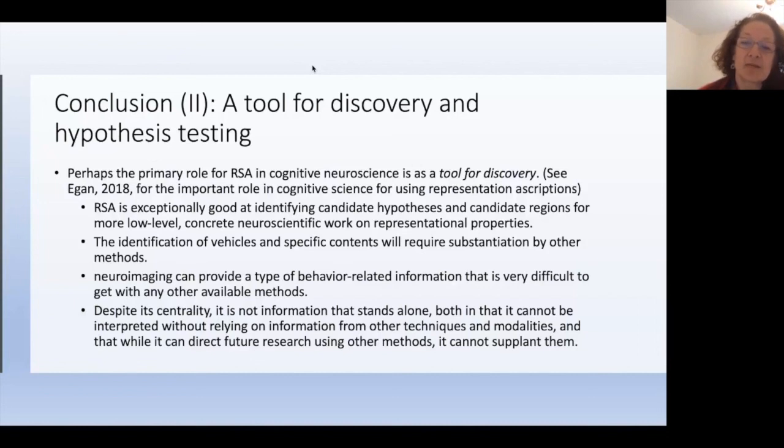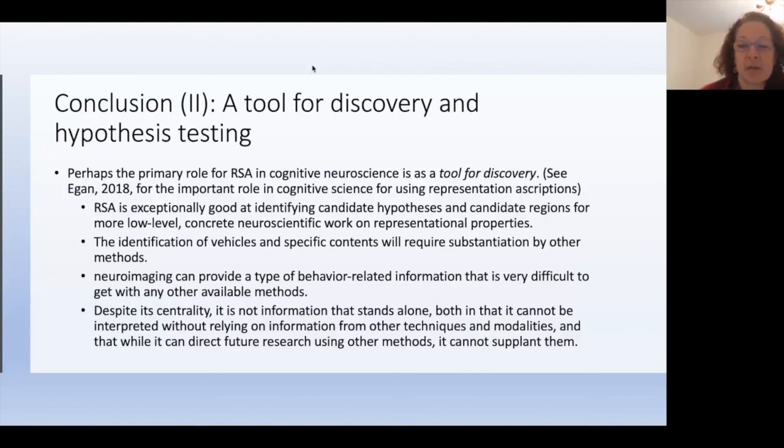It also can provide us with behavior-related information that's really hard to get by other methods. So it's just not very often that you get to do single-cell recordings in behaving humans. And so using these neuroimaging methods will give us access to things that we wouldn't otherwise be able to know.